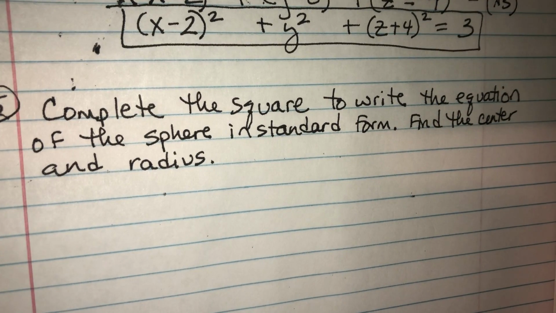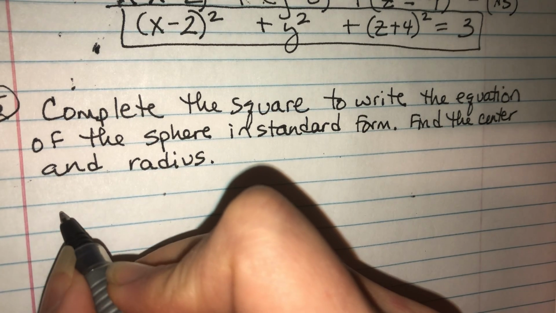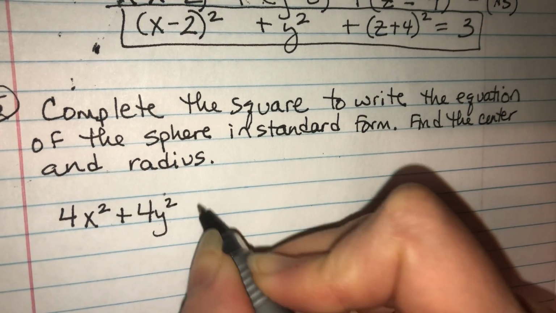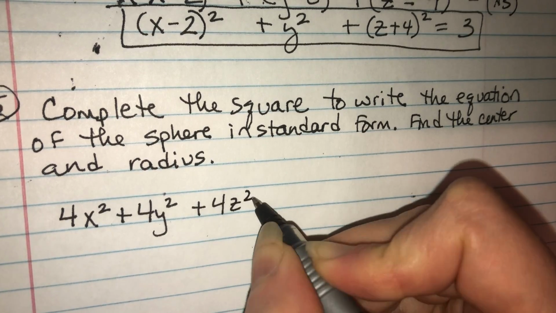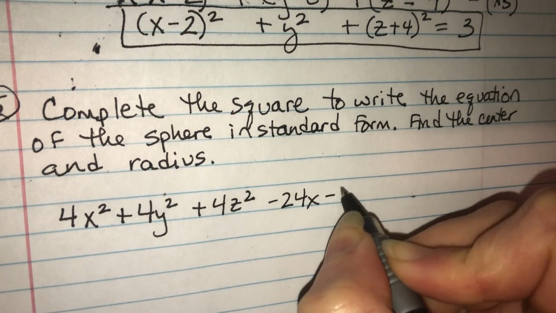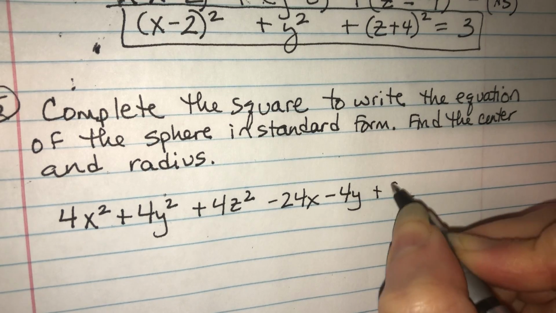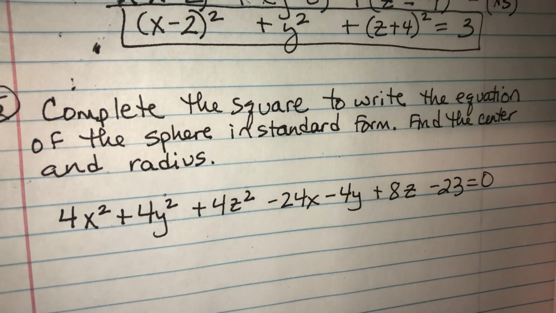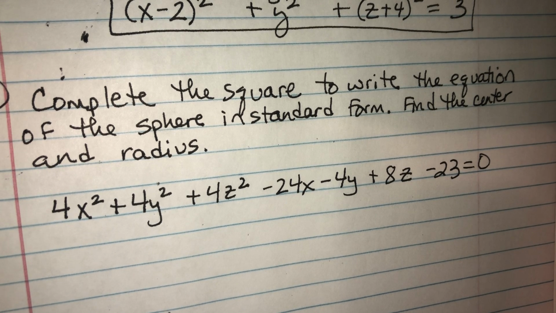Okay, so here's what you'd be given. 4x squared plus 4y squared plus 4z squared minus 24x minus 4y plus 8z minus 23 equals 0. So I know you just glanced at that and said, hey, I know that's an equation of a sphere.